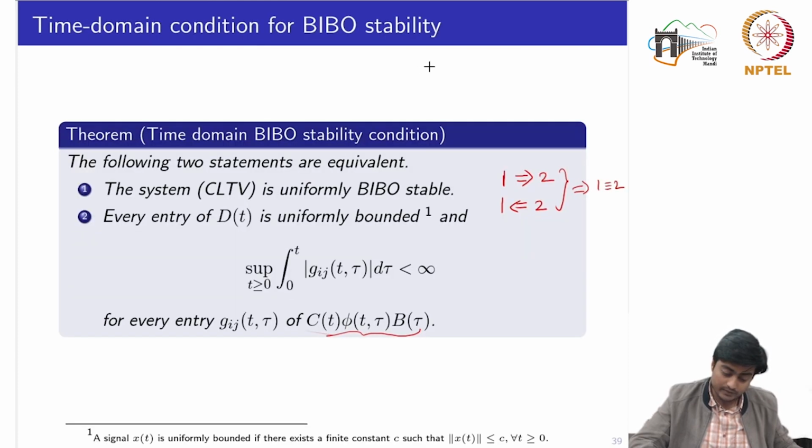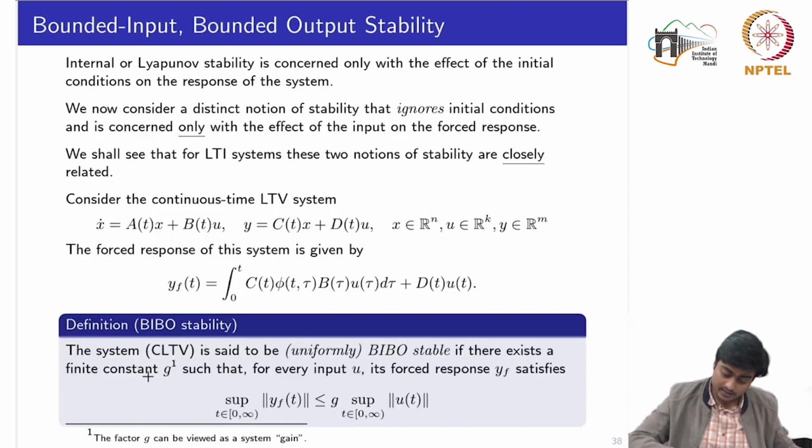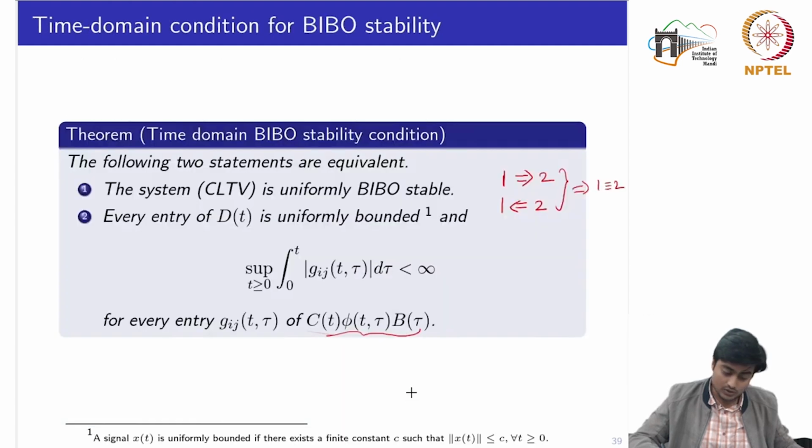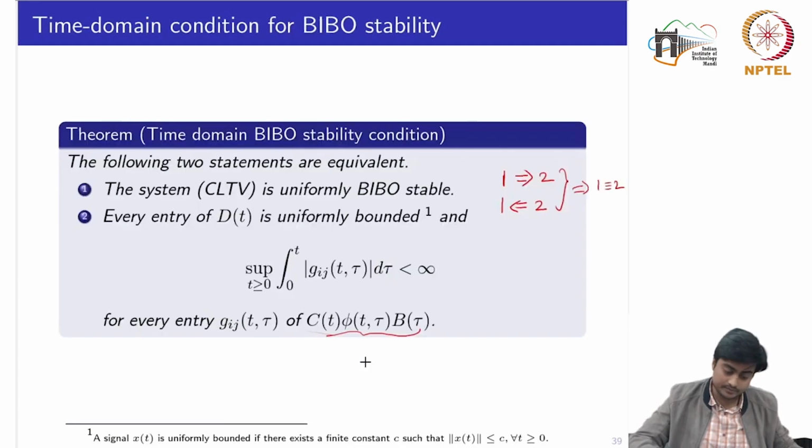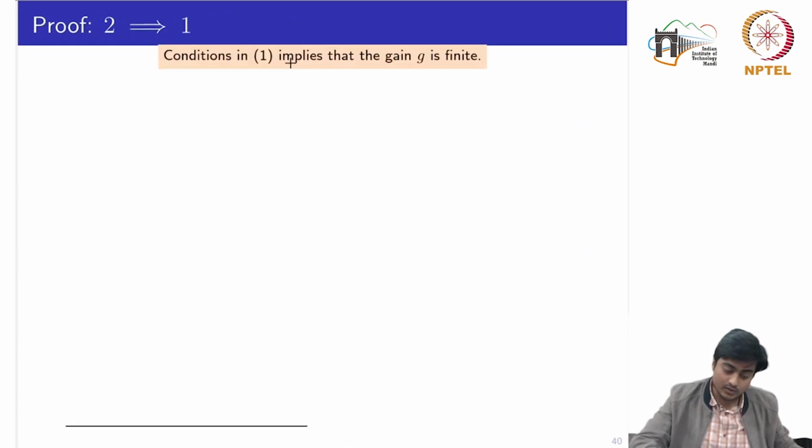If we go back to the definition of uniformly BIBO stable, we say that the system is uniformly BIBO stable whenever there exists some finite constant G such that this equation is satisfied. So either saying that the system is BIBO stable or that there exists a G is equivalent. So we are actually going to prove that there exists some gain G which is finite.